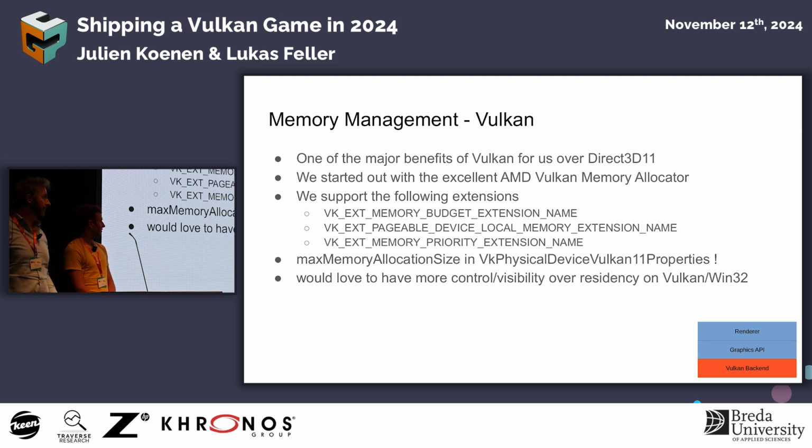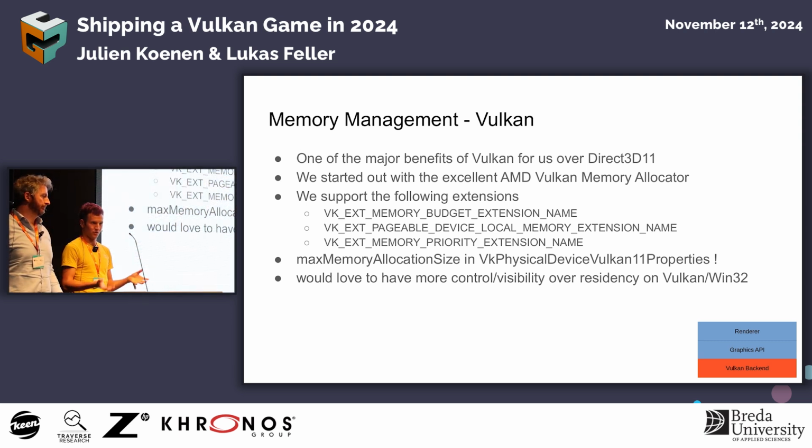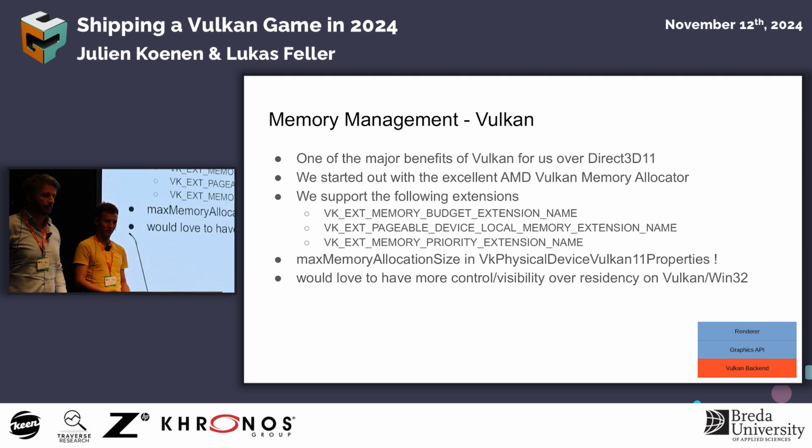We have more control if we manage the allocations ourselves, because we know exactly when we need to reallocate stuff. We are using the following memory extensions, listed here, to try to get the memory demotion that was talked about in the earlier talk a little bit under control, but still with limited success in our case, I would say.